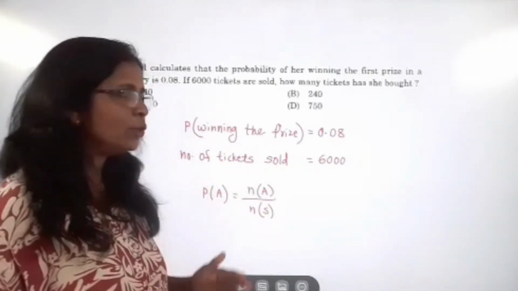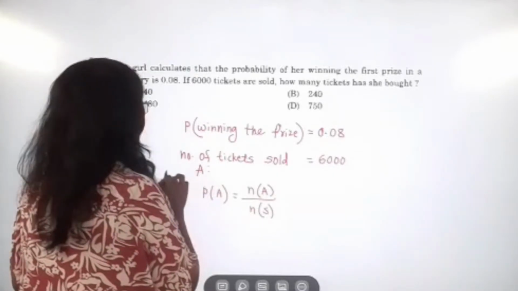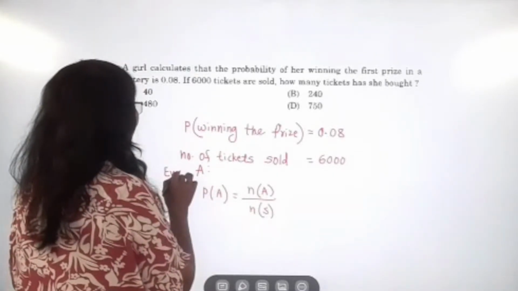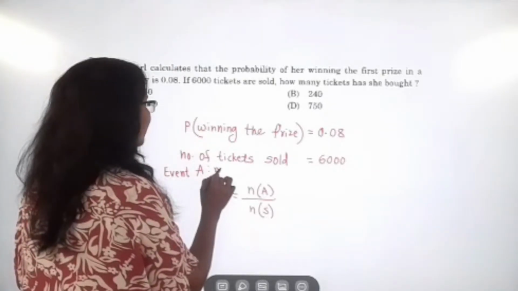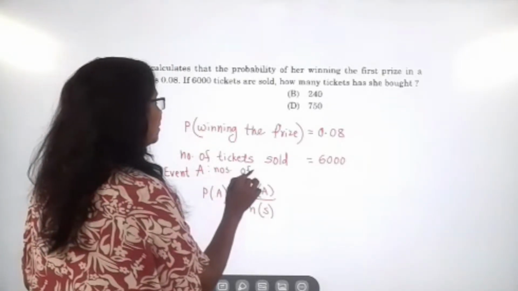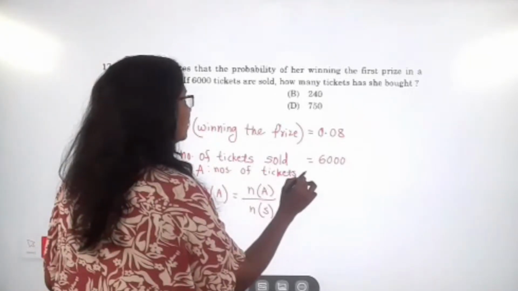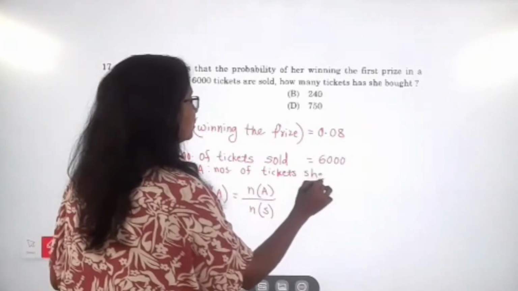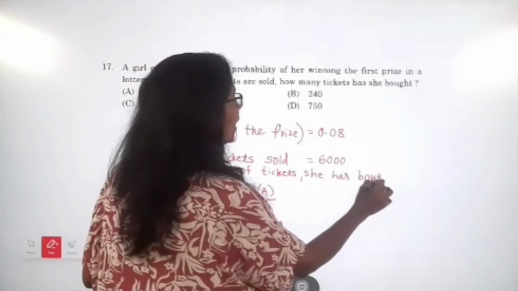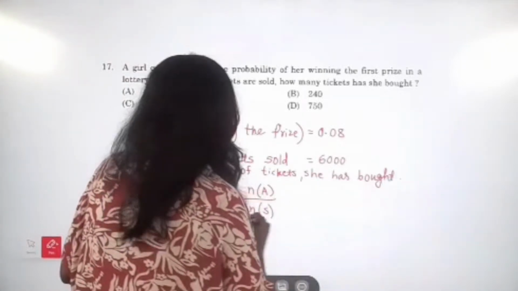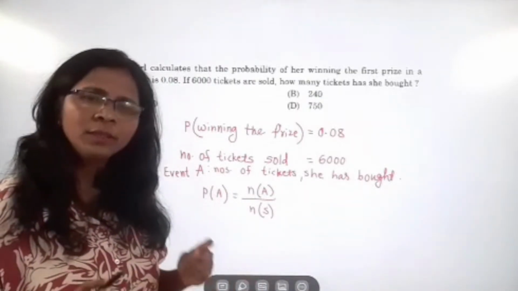So I consider event A as the number of tickets she has bought. That's why I write probability of A is equal to n of A upon n of S.